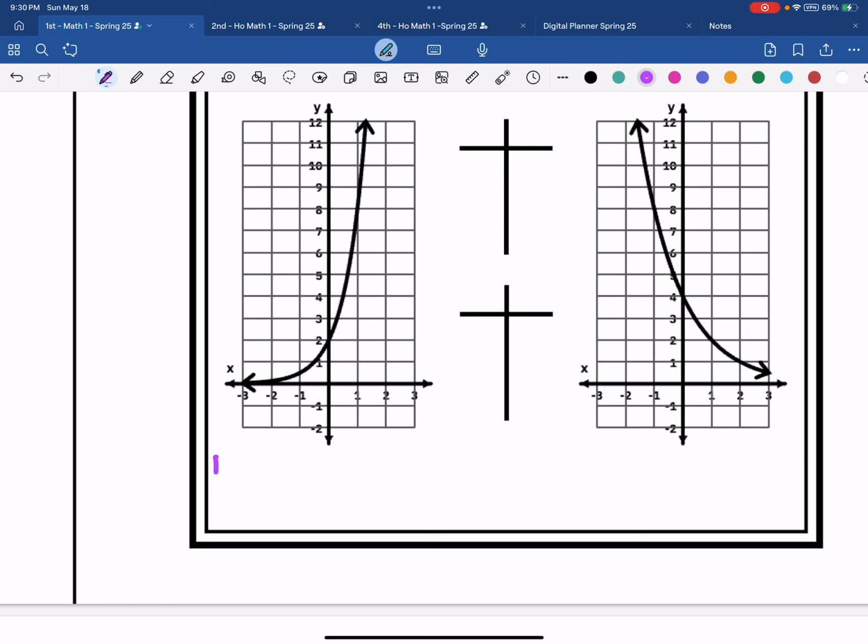When you have a graph, I want you to make a table, but how you make a table is super important.